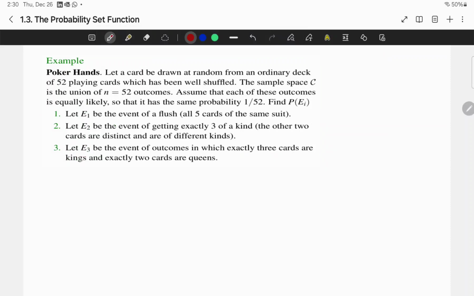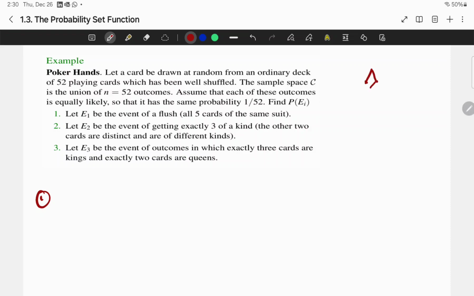So, solution to question 1. Don't forget, in a poker hand, for those that know what a poker card is, we have a flush, which is cards of the same suit.